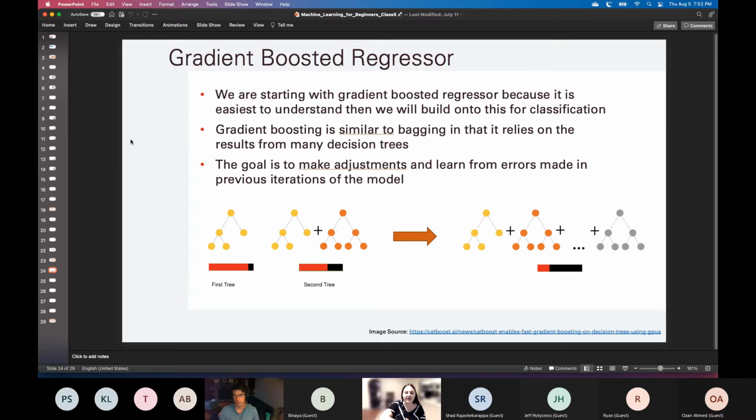Then the next model actually tries to predict the residual, and then it finds the error left after that residual is predicted. Then it takes that extra error and fits another decision tree on that residual. And it goes through until you get to your end decision tree here. So it makes the adjustments as you go to predict well the error it got wrong in the earlier decision trees, and it gets gradually better as you go.